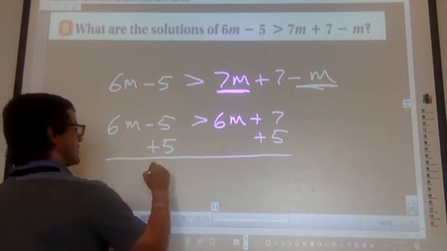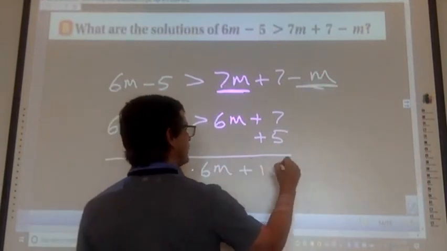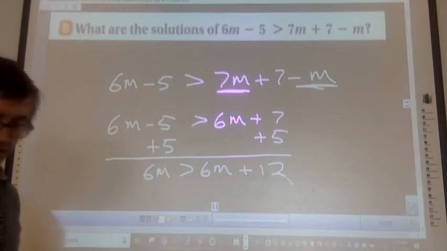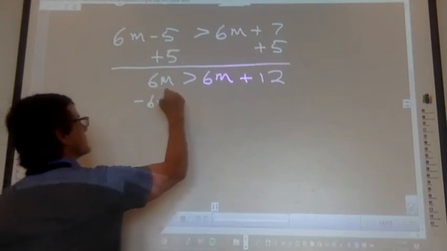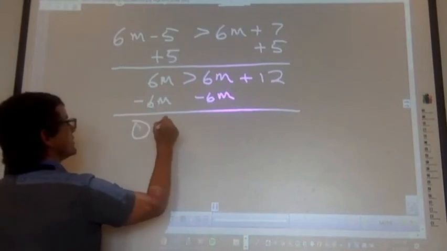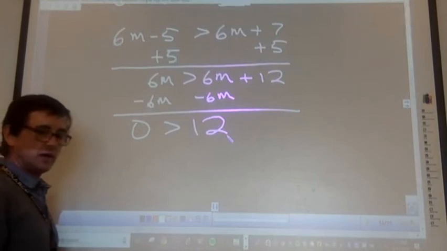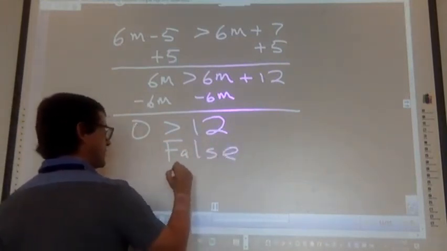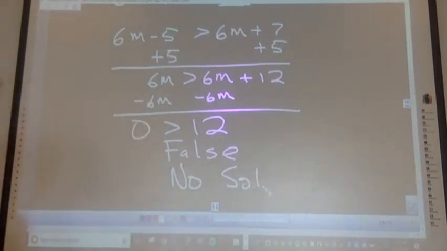Okay, good. So 6m greater than 6m plus 12. The point I'm making here, Cole said add 5 to both sides. Doesn't matter. You still get to the correct answer. No big deal. Next step, I would subtract 6m. So is 0 greater than 12? No. That is a false statement, which means this problem has no solution.